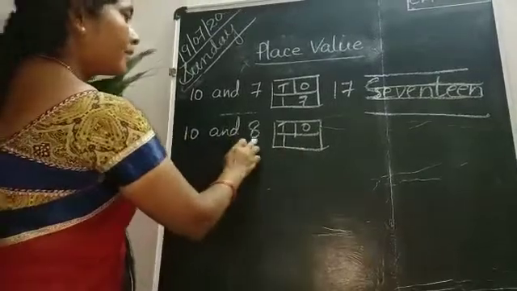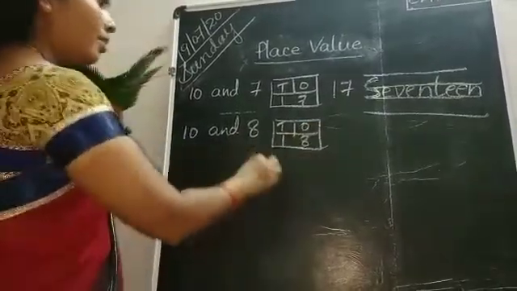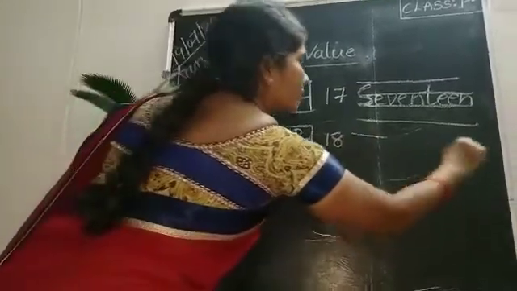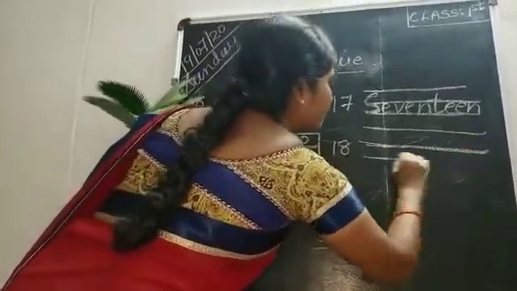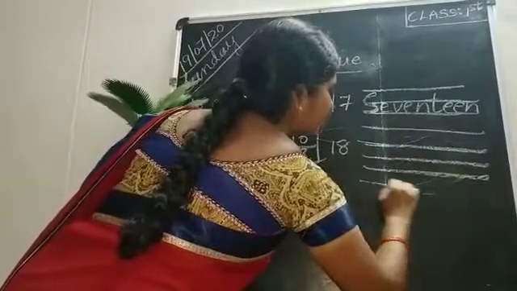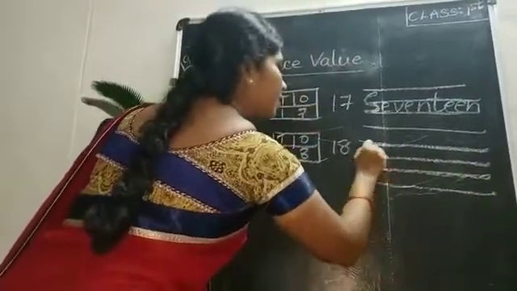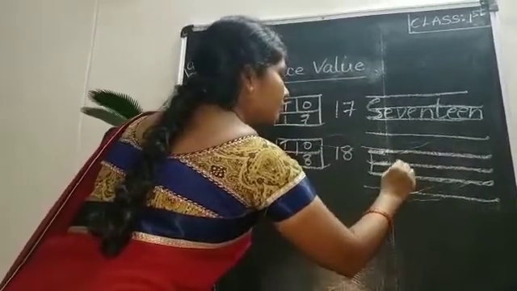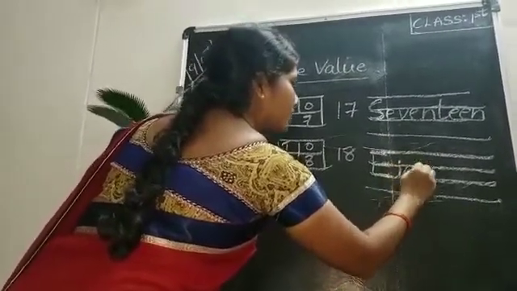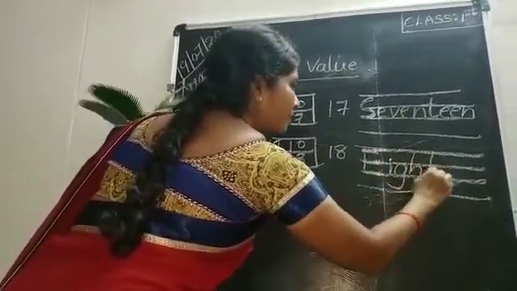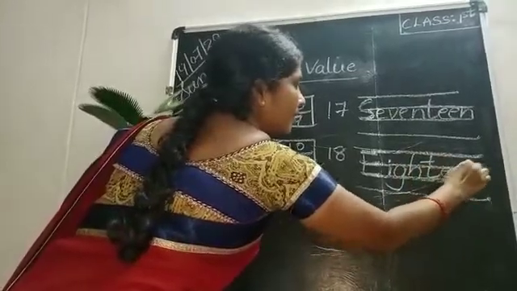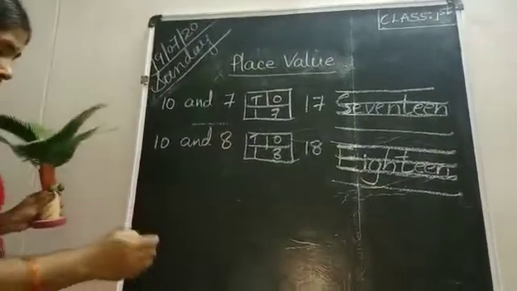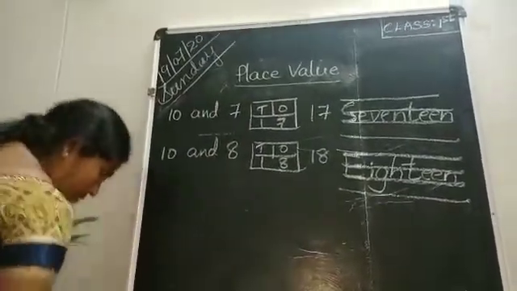How many ones? 8 ones. One 10 and 8 ones, 18. EIGHTEEN, 18. Okay, next see again one more.